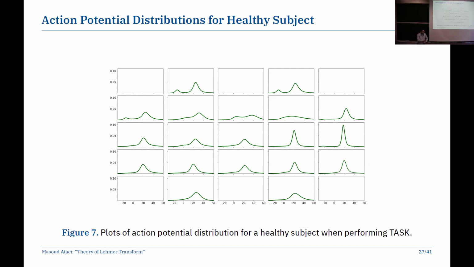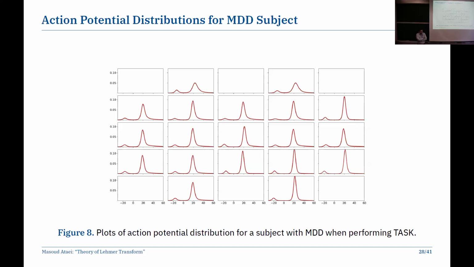These are the plots for a healthy subject, and they show regulated activity in the brain. But when we compare them to plots of the action potential distribution for an MDD subject, we see different patterns.